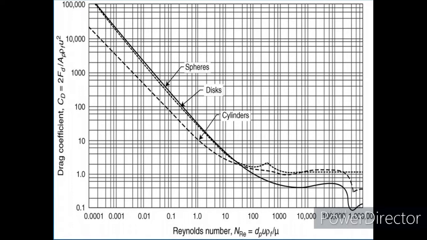Project nyo lang kung anong type ng particle, then project nyo kung saan kayo kukuha ng Reynolds number. For example, meron tayong drag coefficient. From left, ipoproject nyo siya papunta kay sphere, kung sphere yung particle. And then, kapag natamaan nyo yung curve ni sphere, project nyo siya pababa. Then, makukuha natin yung value ng Reynolds number for that particular particle.